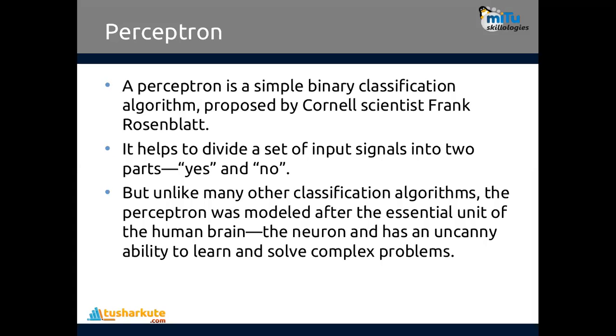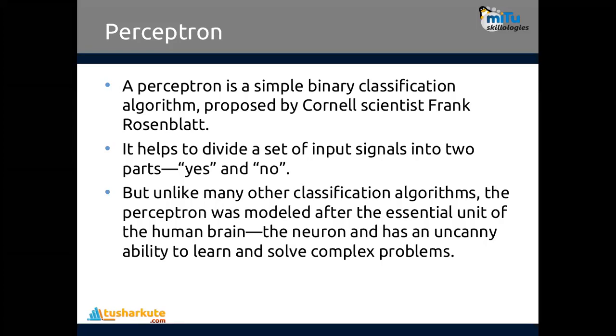Classification means you are identifying which category something is, the first category or the second, like binary classification. You might have learned about it already. But unlike many other classification algorithms, the perceptron was modeled after the essential unit of the human brain, the neuron, which I have explained in the previous slides. It has an uncanny ability to learn and solve complex problems.